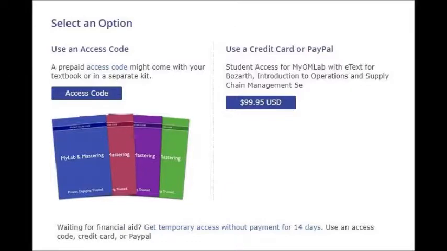When presented with the registration page, if you have purchased an access code or a textbook with access code from the bookstore, you'll enter the access code using the link on the left. If you are just registering for MyOMLab and you will get the e-text going along with that registration, you will click on the link to the right. Most of you will probably be clicking on the link to the right to gain access to MyOMLab along with a copy of the e-text.